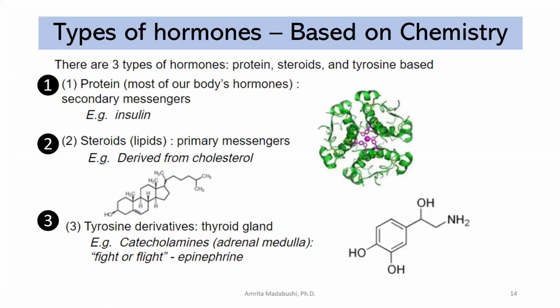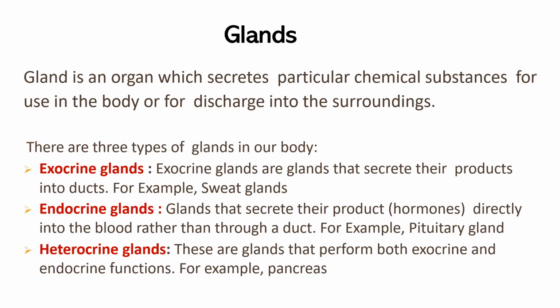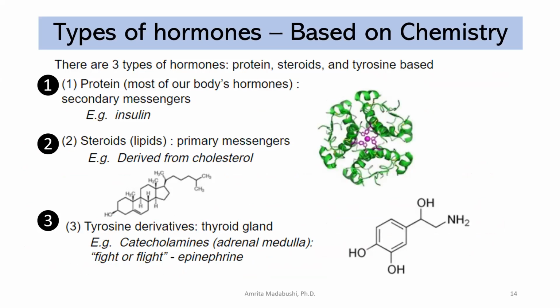So we are going to take a look at these, but before we take a look at what these glands are secreting, it's important to know what the different types of hormones are, especially since it's a biochemistry class. We would like to make sure that we understand what these hormones are actually made up of. So there are proteins. Of course, proteins can have many different functions, and one of them is serving as hormones.